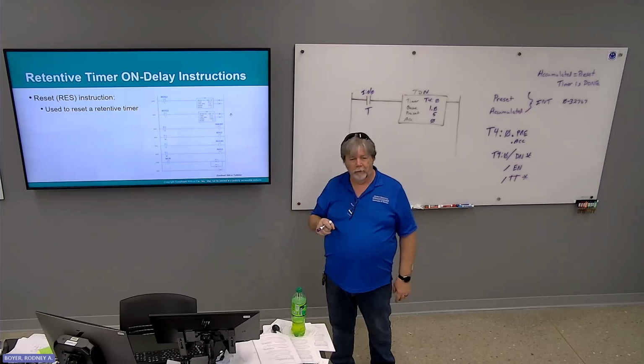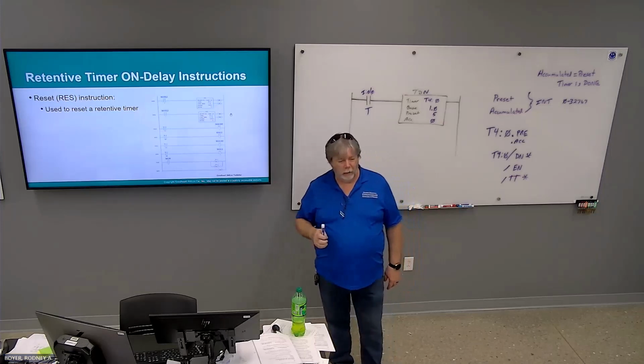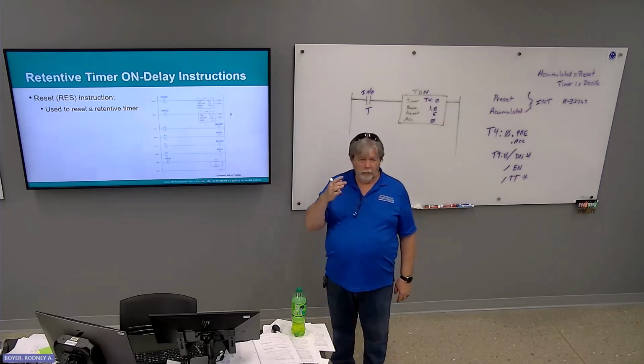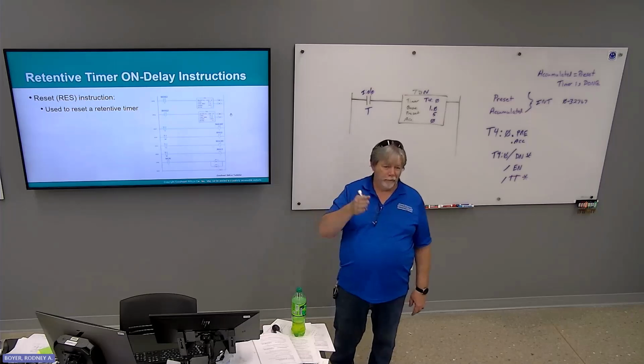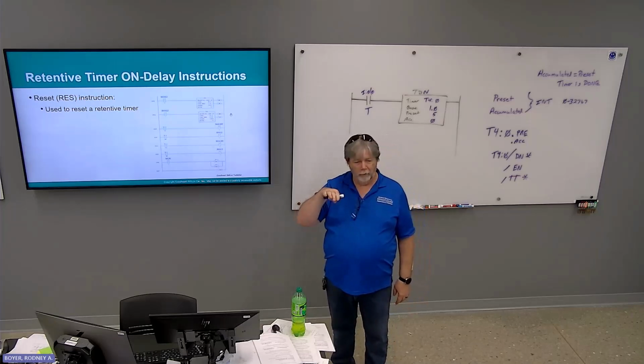You can turn it on and off as many times as you like before accumulated equals preset. Every time the conditional logic goes false, it'll stop timing and hold wherever it was at that point, basically indefinitely.